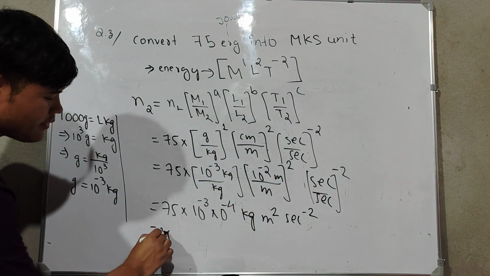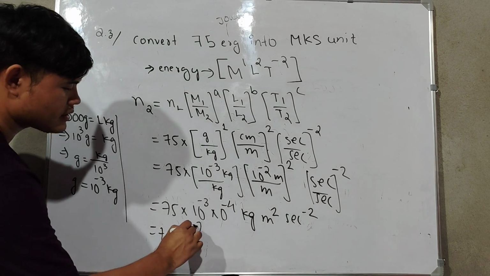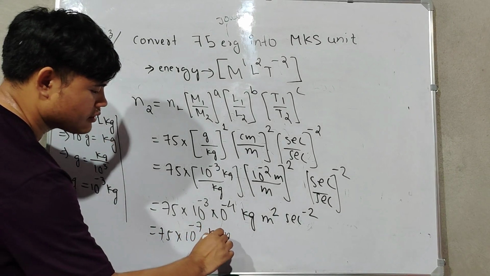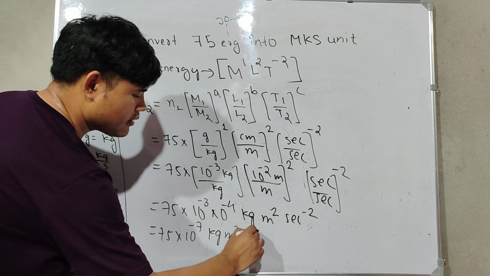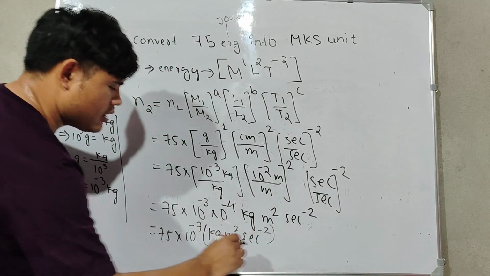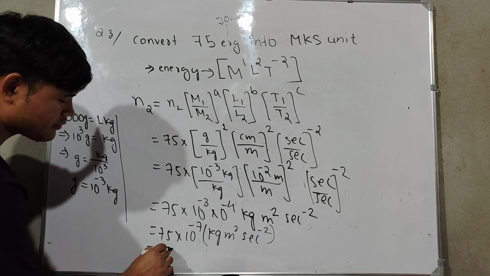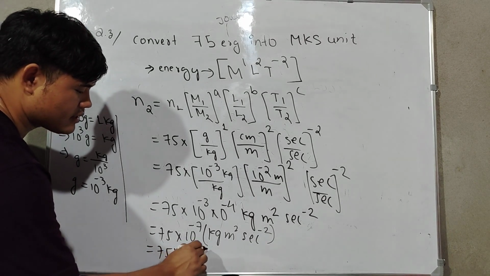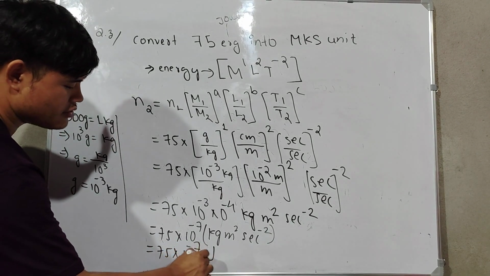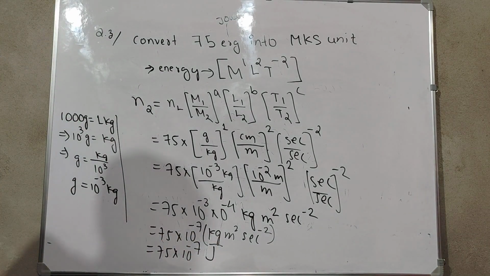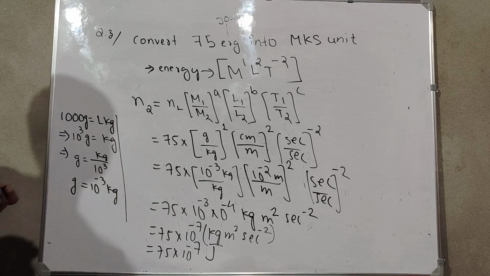So 75 into 10 to the power -7 kg m^2 s^-2. This as a whole I can write as joule. So 75 into 10 to the power -7 joule we got.